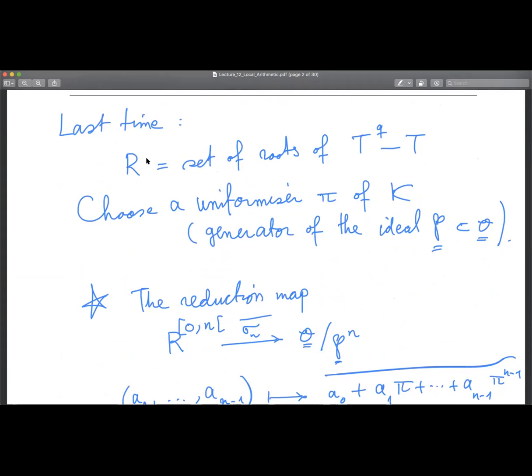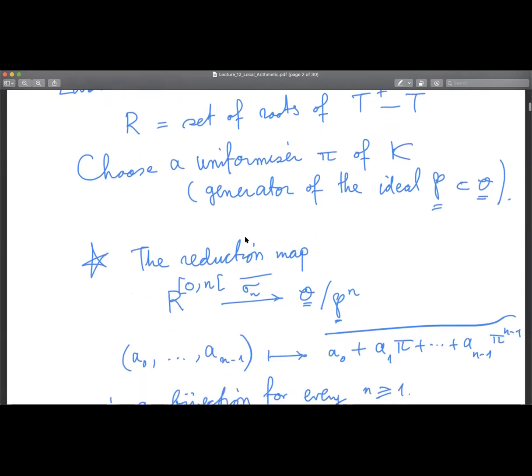So this set R has q elements, and moreover, the reduction map from R to little k is a bijection. R is closed under multiplication, although it may not be closed under addition. It is always closed under multiplication, and the reduction map respects that multiplication. So that's what we proved last time.